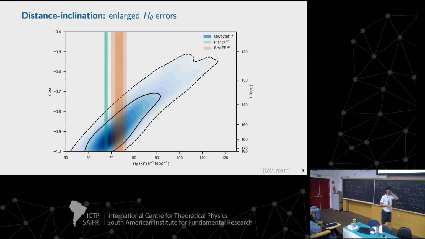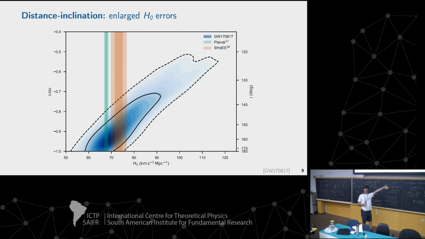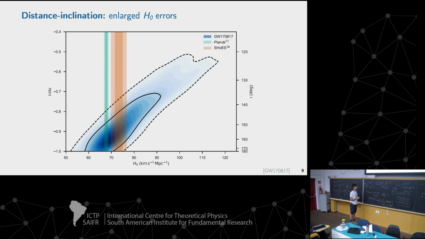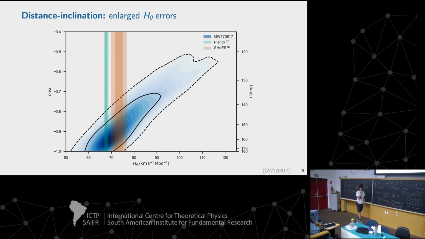So what you are seeing here at play is precisely this degeneracy between distance and inclination, because for this event, the error in the redshift we can consider as negligible. So from the distance, we have actually direct information, given the redshift, of H0. Therefore, there is this large degeneracy with the inclination.